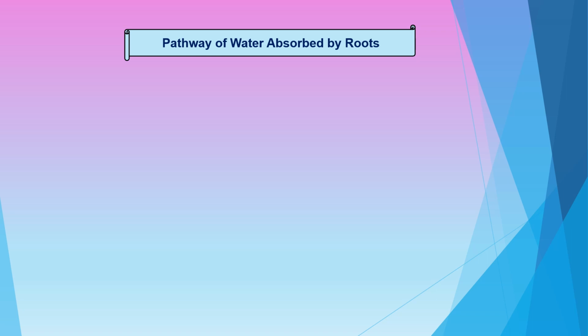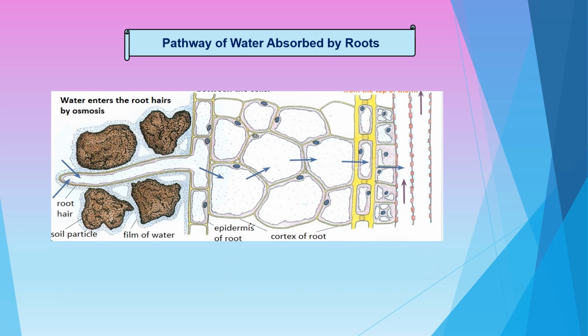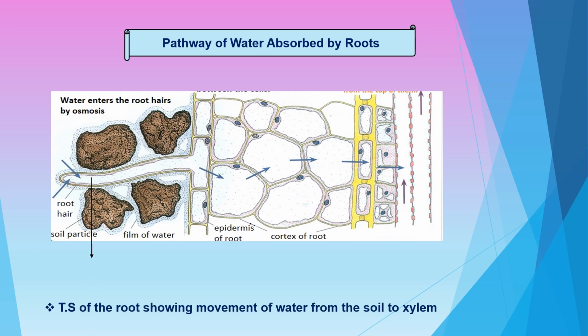The root hair sends the water to the cortex of the root, then the water reaches the xylem vessels. From the xylem vessels the water is transported to the stem and leaves.